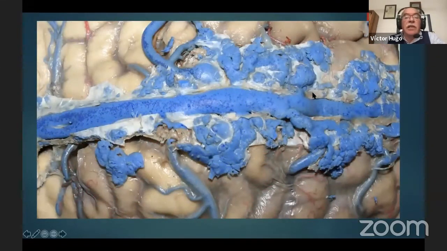We can see here the posterior part and anterior part of the sagittal sinus, and these are some veins draining into the superior sagittal sinus. This extension of veins is known as venous lacunae.